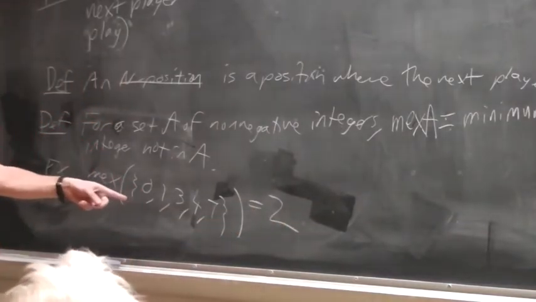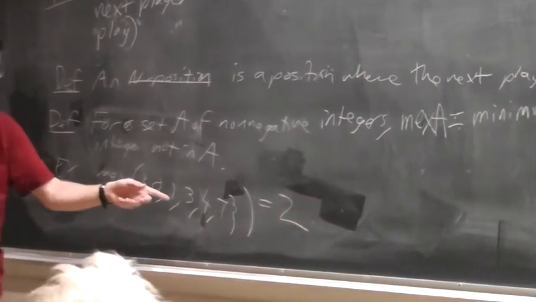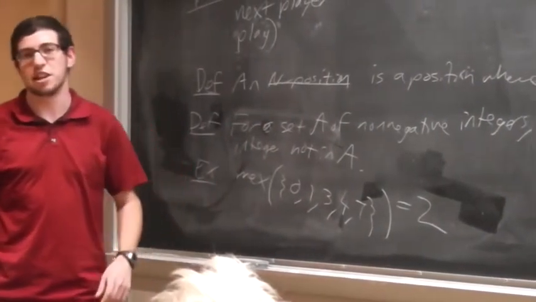Because it contains a 0, it contains a 1, it does not contain a 2, and then we don't care about anything after that because it didn't contain a 2.